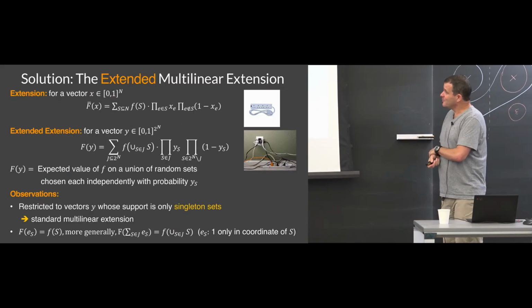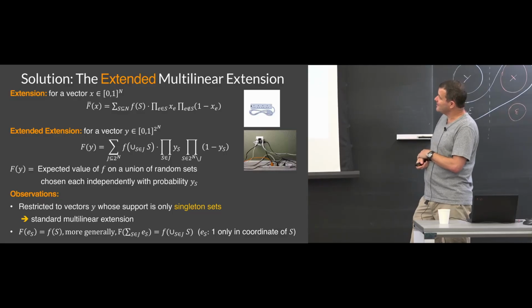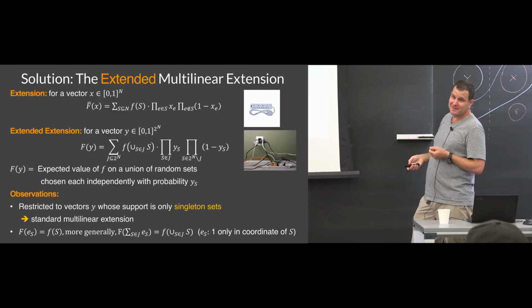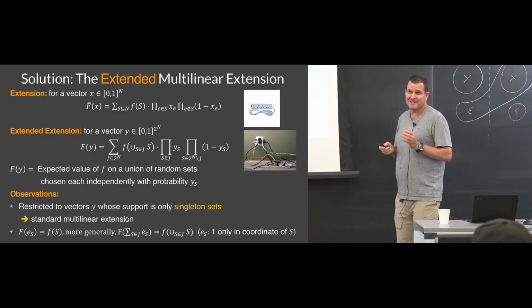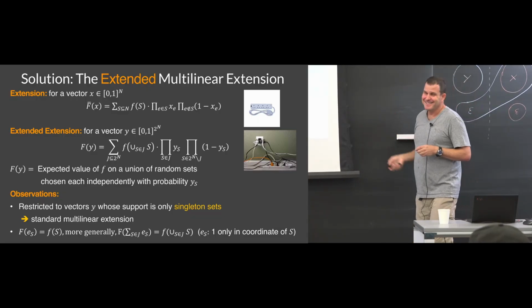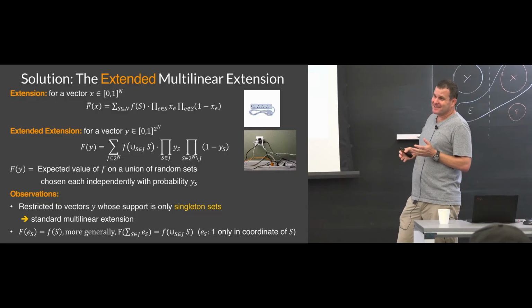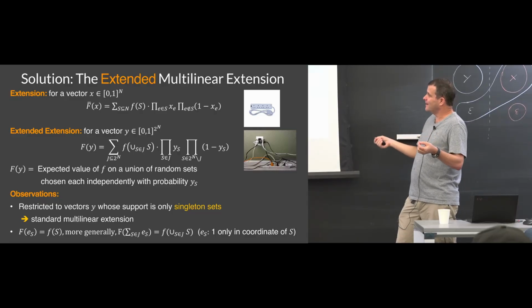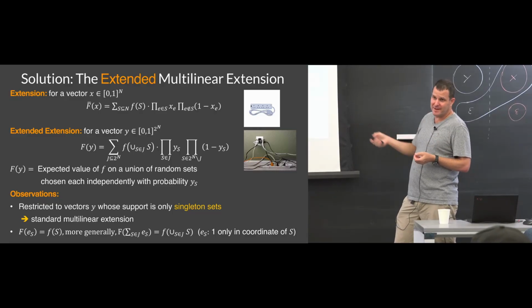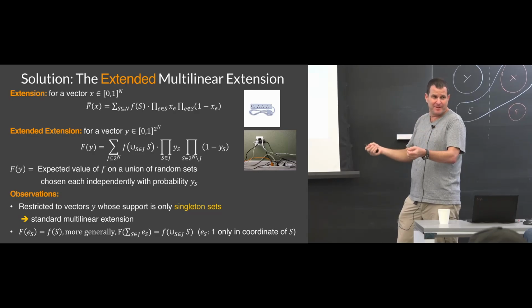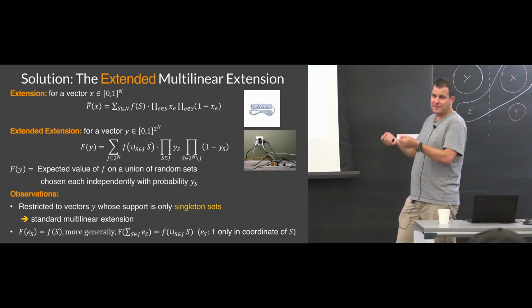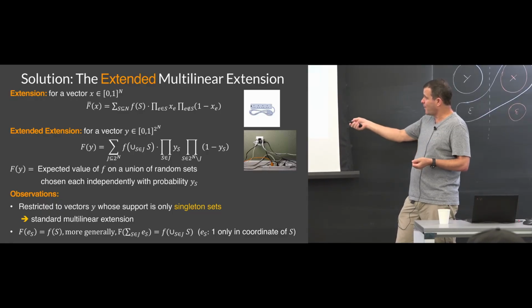Great. So here is the solution to avoid randomization. If you like the multilinear extension, which looks like this, you will probably like the extended extension that looks like this. So what is the extended extension? Instead of having a vector of size n, you have a vector of size 2 to the n, and you have a coordinate for each subset of elements. And then you do the same. You choose each subset independently, with the probability y_S.